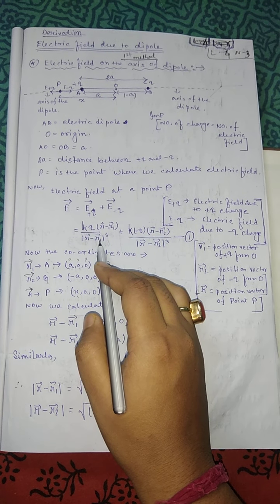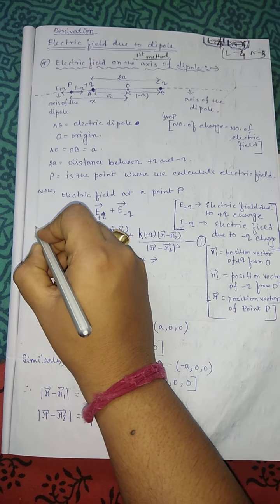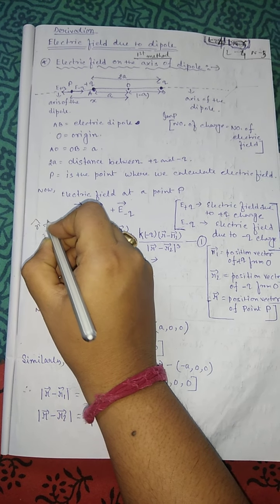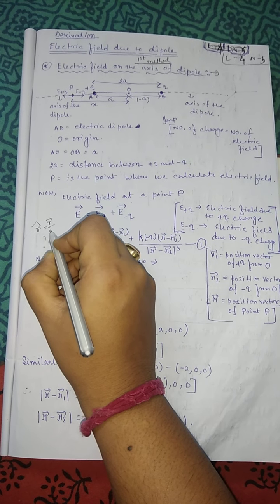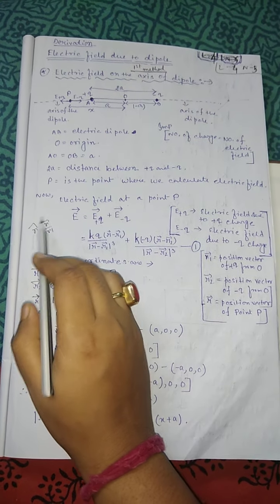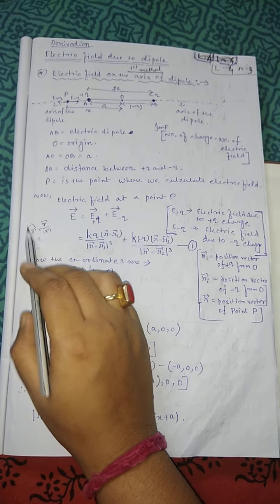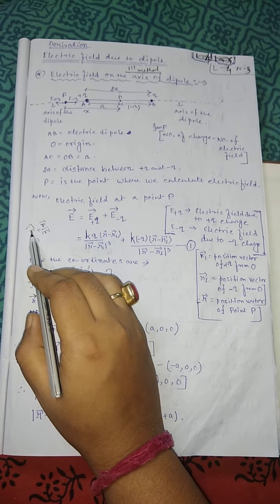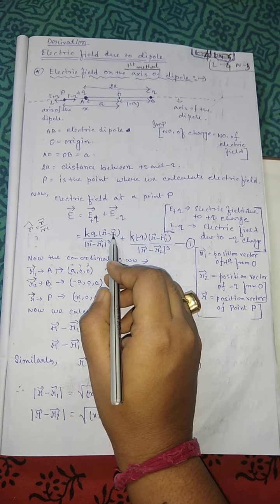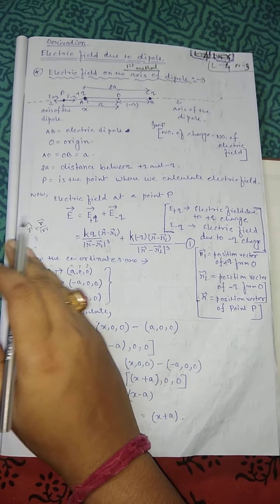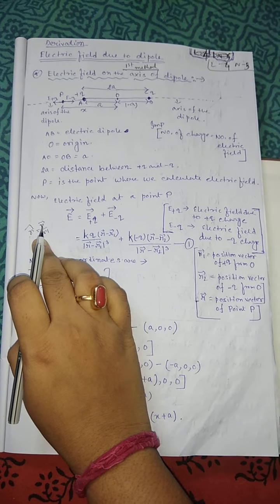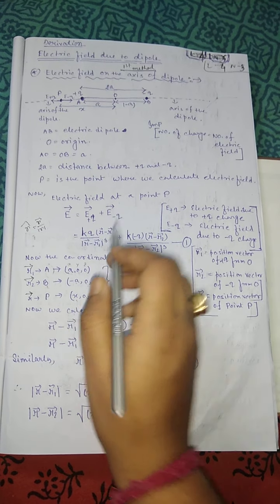We also learned that in vector form we use r cap, and r cap means r vector by mod r. So here r means (r minus r1) by the mod of (r minus r1) squared, with another mod of (r minus r1), so that is whole cube.